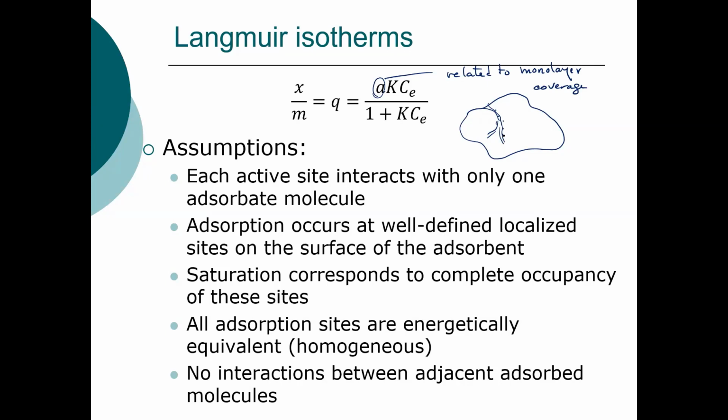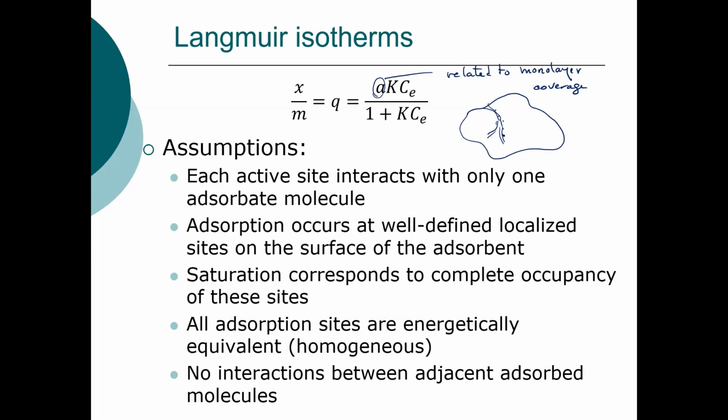And then the other thing that we will assume is that no interactions occur between adjacent adsorbed molecules. So that means that if we have two adjacent sites, we have adsorption at those two sites. The molecules, our adsorbate molecules, don't interact.